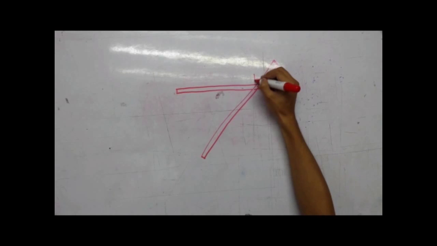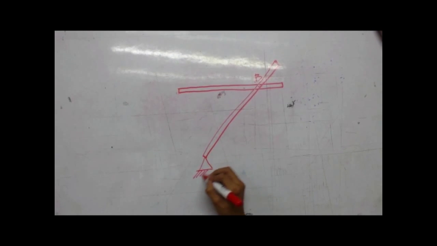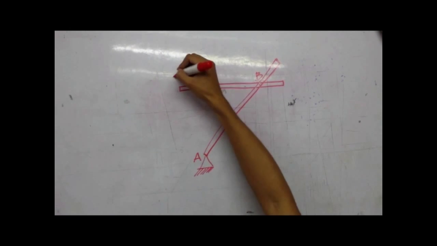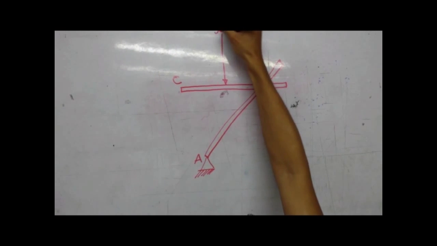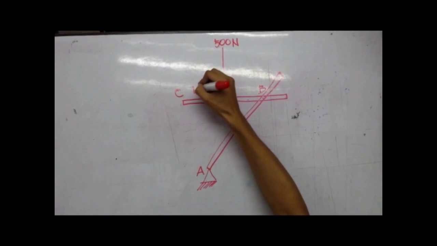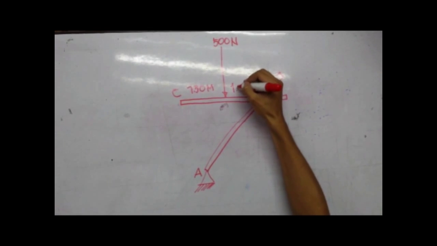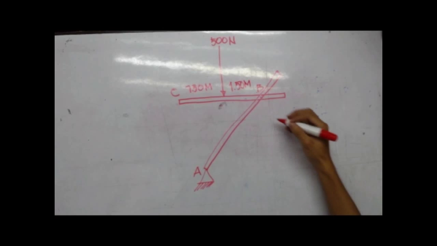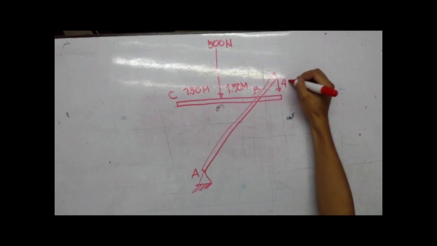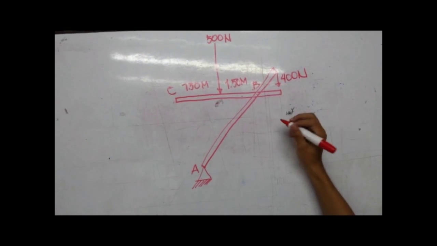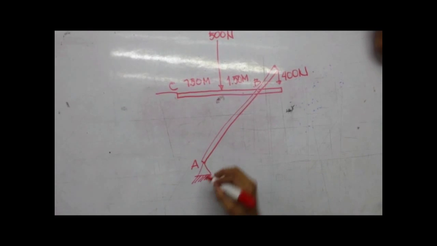Assume that the force exerted by the roller is going to the... Join A, power downward. Join B, power... at joint C, and at joint D. The force exerted by the roller is going to the left.